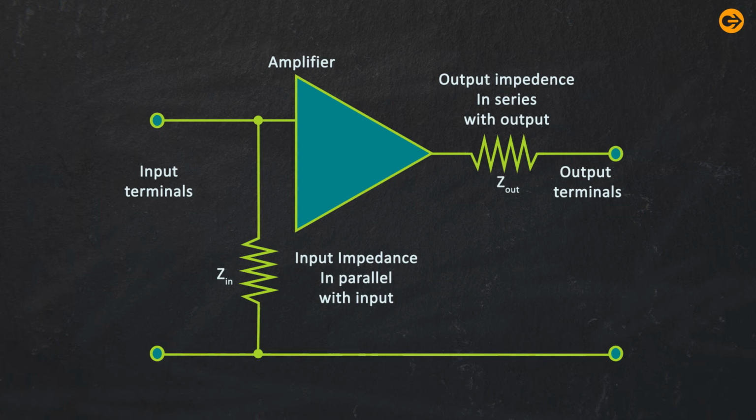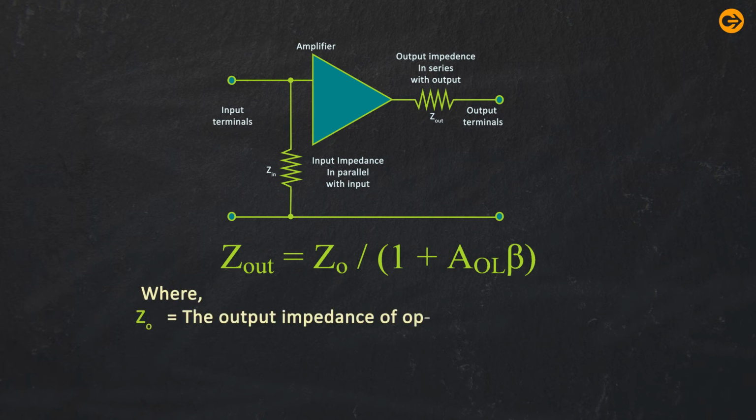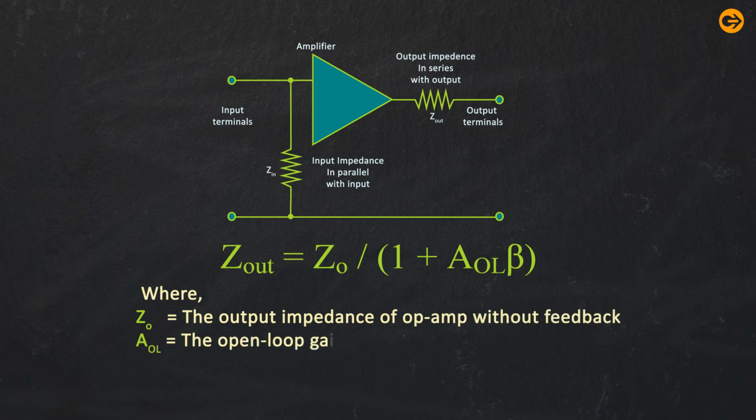Practically, the output impedance of the op-amp is influenced by the negative feedback, and it is given by Zout equals Zo divided by (1 plus AOL beta), where Zo is the output impedance of the op-amp without feedback, AOL is the open loop gain, and beta is the feedback factor. Load impedances attached at the output of the op-amp must be larger than the output impedance to avoid any significant loss of output as a voltage drop over Zout.